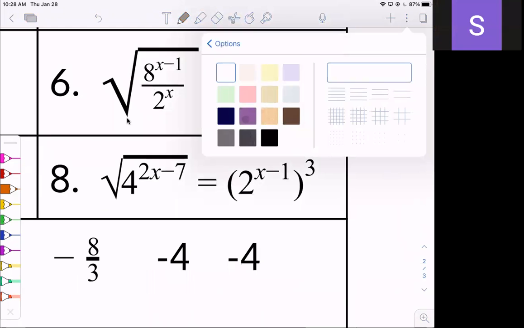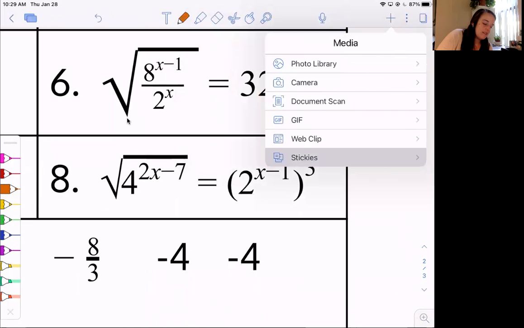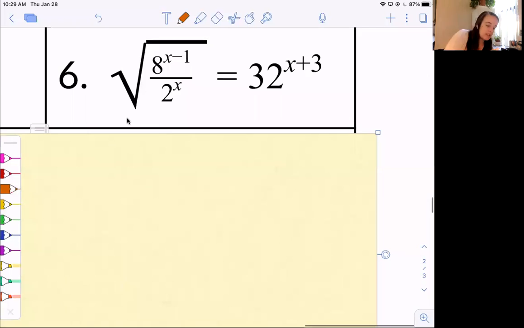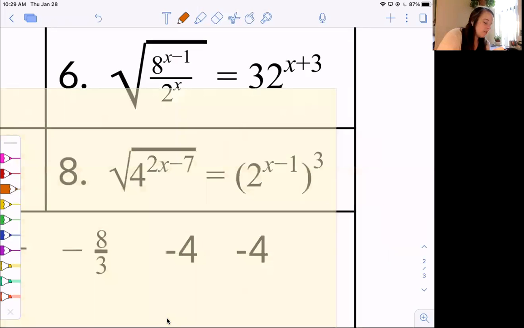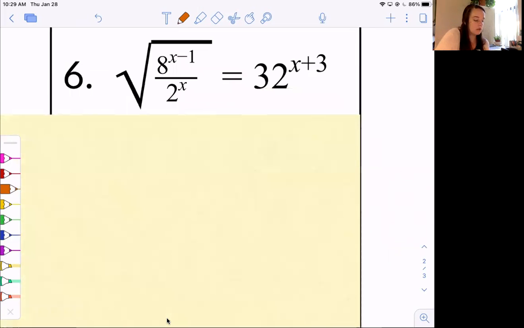I worked on it yesterday and I just got stuck on number 6. Got it. Wow, you are super on top of it. Okay. So for number 6, what have you done so far? I tried it, but I got the answer so wrong, so I gave up. Okay. So what did you think you could use for your common base with 8 and 2 and 32?